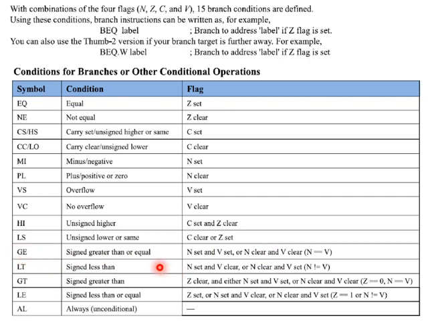So if you check the less than condition, in such case we have to see again the negative flag and overflow flag. Okay, so the overflow flag, if you check out here, the negative flag should be zero and overflow flag should be not of the negative flag. Okay, so that is for the greater than or equal.